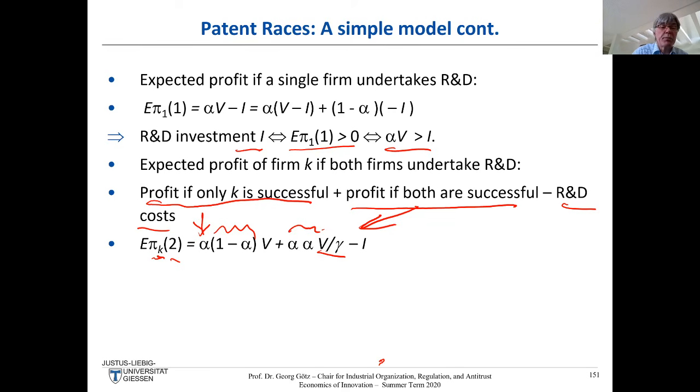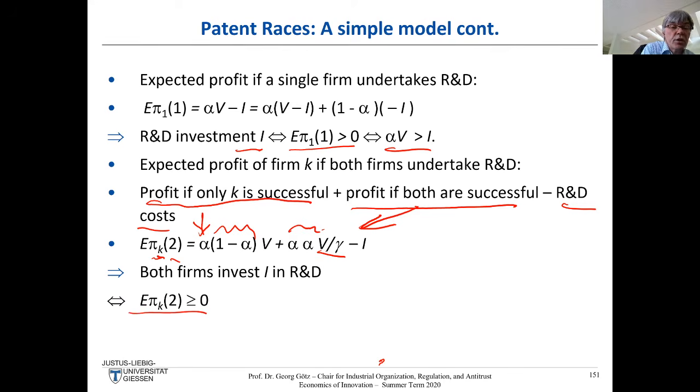But that doesn't matter because my profit here is always 0. Okay, now that's what we have. And both firms invest in R&D, of course, if the profit here is non-negative or is positive. And that simply gives another rule on this investment cost I. Both invest if, when I simplify that, this holds here. Okay, and that should be clear and straightforward.